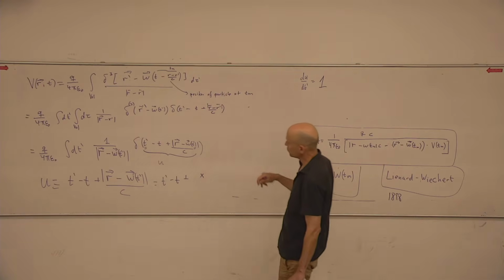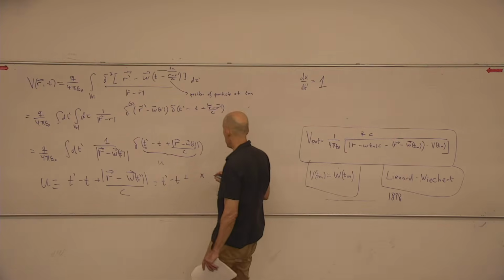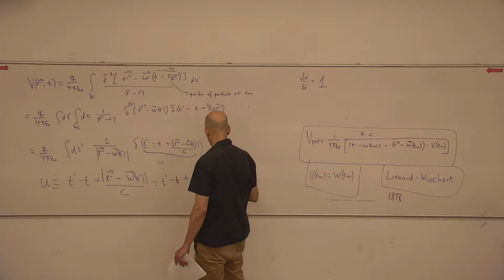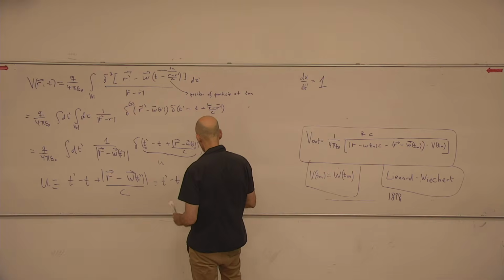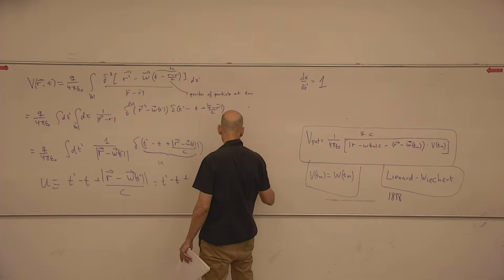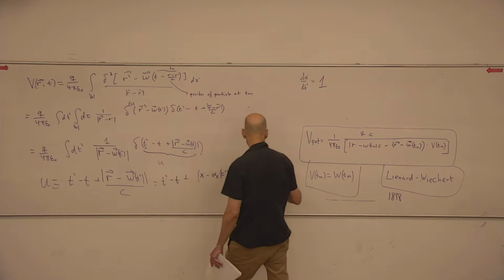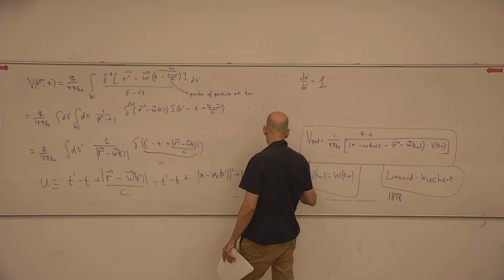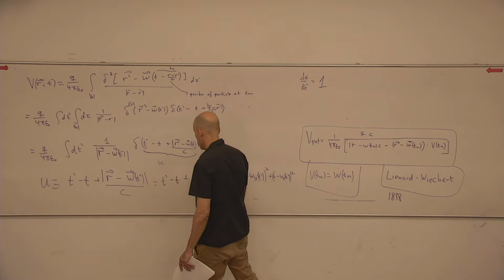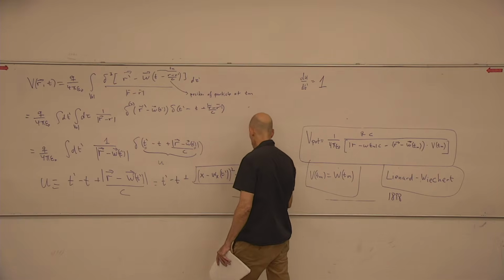So x is the position of the particle at point r, the x component, minus wx t prime squared plus y minus wy t prime squared plus z minus wz t prime squared, all this square root divided by c.